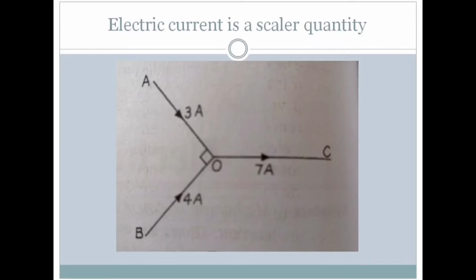The net current flowing in the wire OC is equal to 7 ampere, which is the scalar addition of AO plus OB. It means that current does not follow the laws of vector addition, because otherwise the net magnitude of current flowing through wire OC should be equal to 5 ampere as per vector addition.